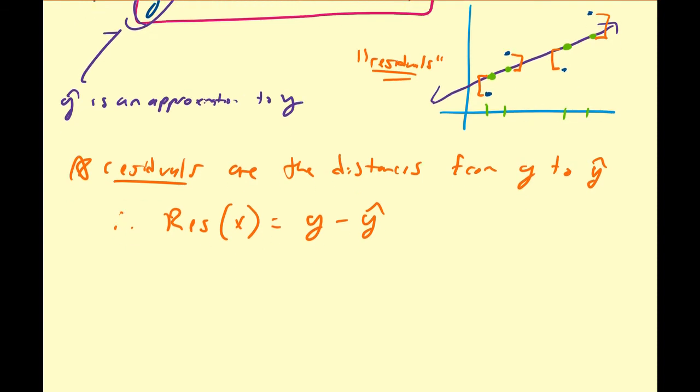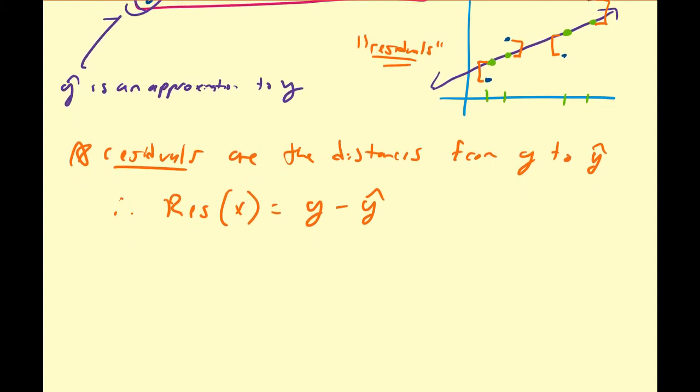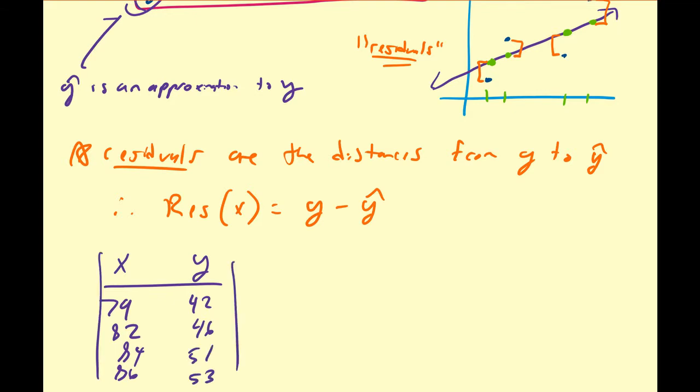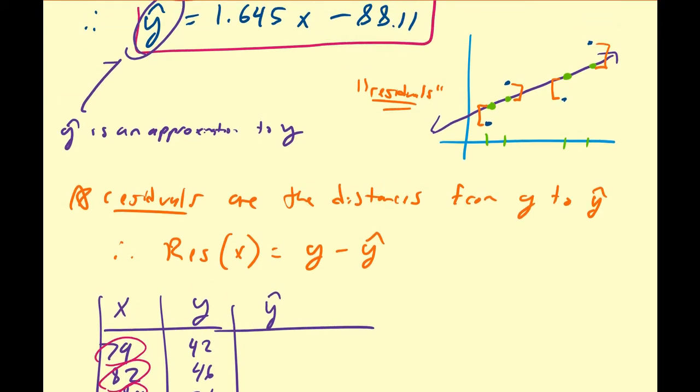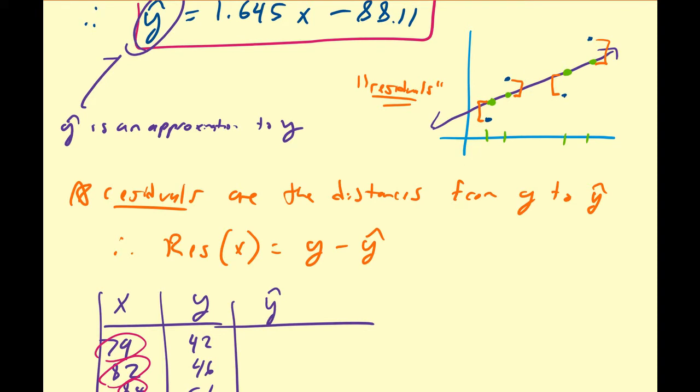Alright, so if that is true, then let's calculate our residuals. We have our x values and our y values already calculated. The x values are 79, 82, 84, 86. Our y values were 42, 46, 51, and 53. So let's calculate our y hat, our approximations to the y values. I'm going to take all these x values, 79, 82, 84, 86, and plug them into my line of best fit.